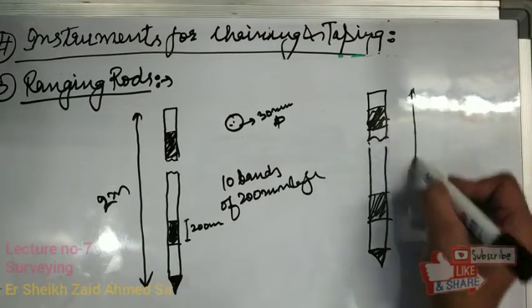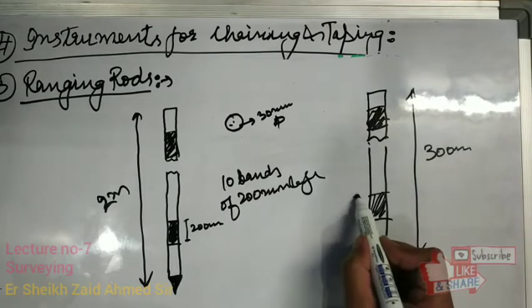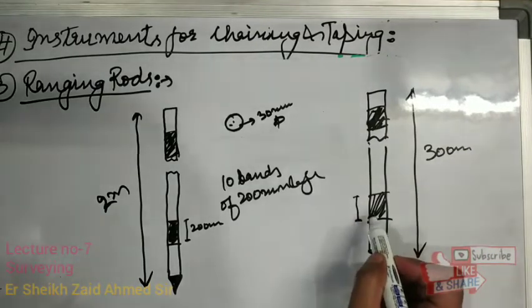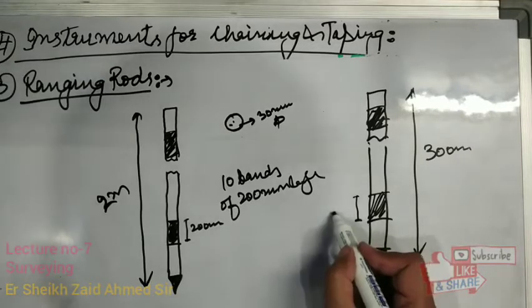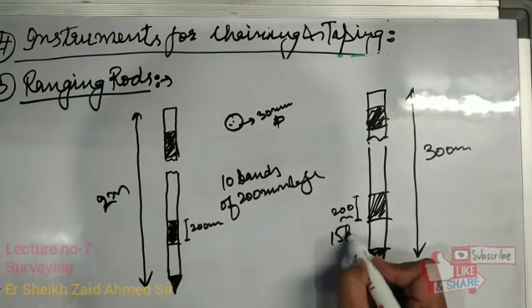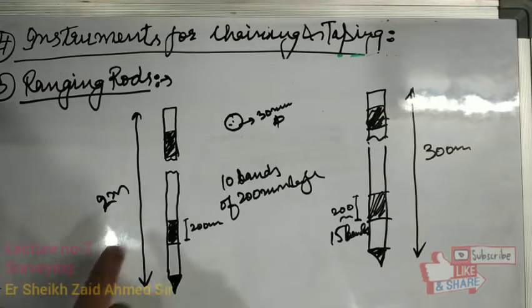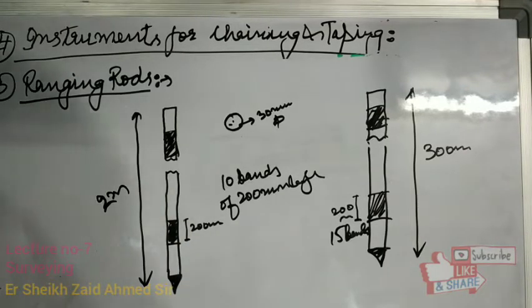But here the length will be 3 meter, and the length of one band will be again 200 mm, but there will be a total of 15 bands. So usually the bands are painted alternately black and white or red and white, so that the rod is visible even from a long distance.